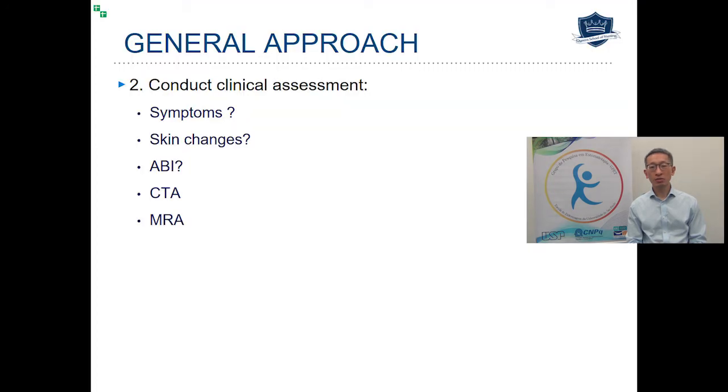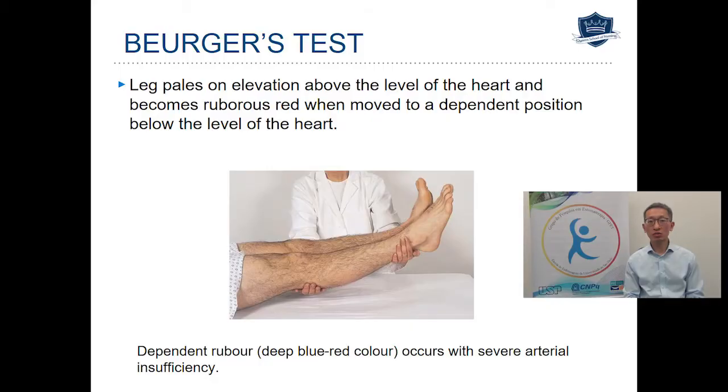The other recommendation, other than taking a good history, is the importance to clinically do a proper evaluation and assessment. And of course, in the literature, it's not extremely clear what's the best way to approach. We include a number of parameters, using Buerger's test to evaluate any dependent rubor, which is usually indicative of a circulation issue.